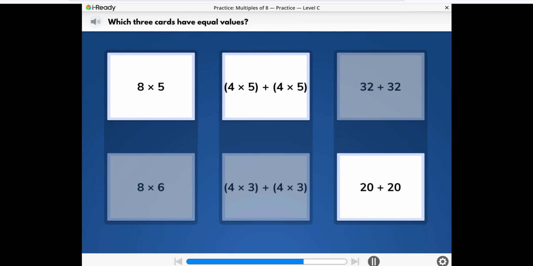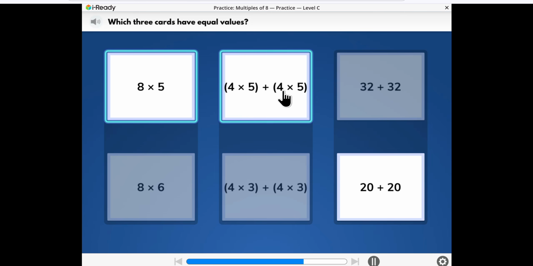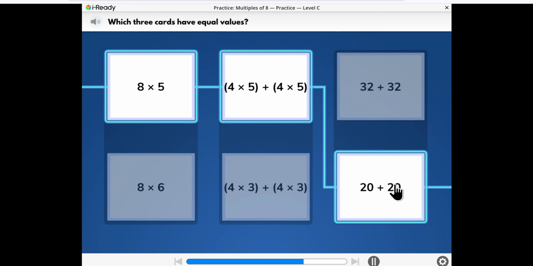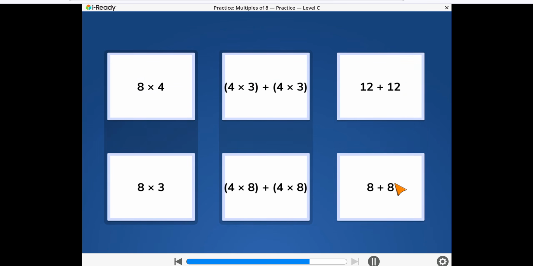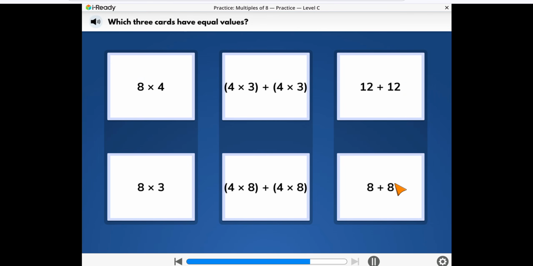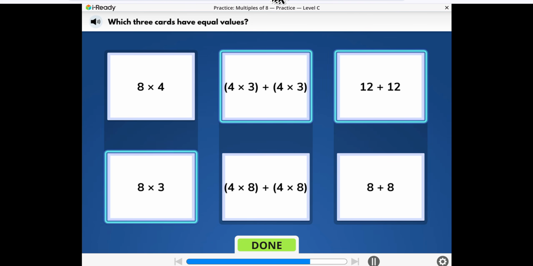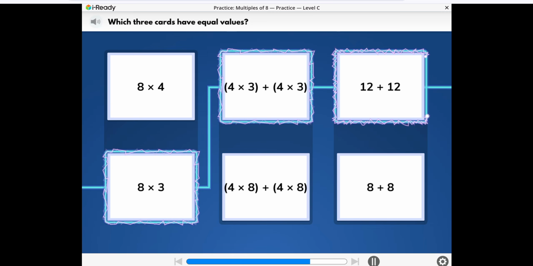These 3 cards all have a value of 40. Choose these cards. Okay, I think these are the answers. Yes!